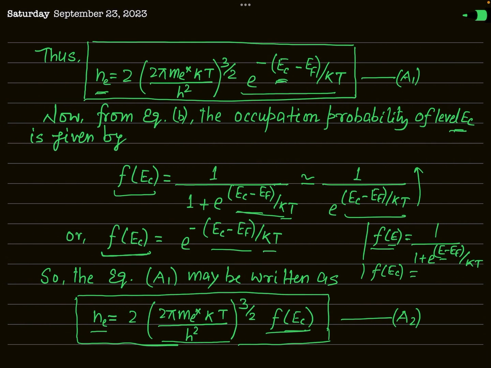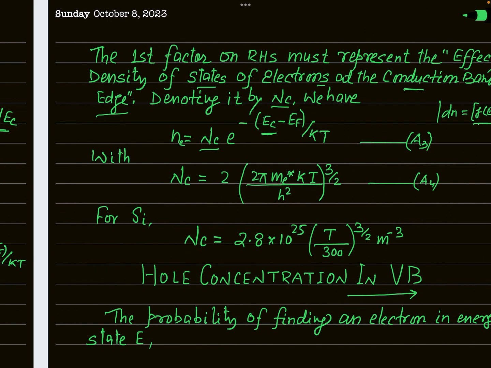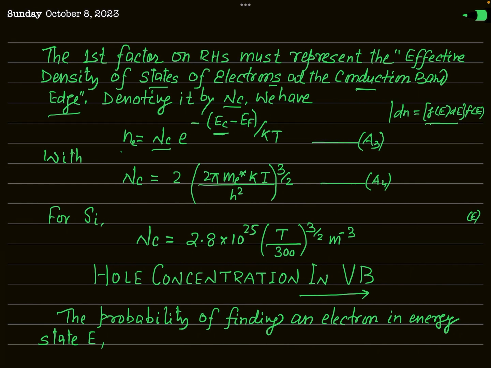So if you replace the first factor on the RHS of equation A2 by Nc, the effective density of states of electrons at the conduction band edge, then the expression for Ne becomes Nc times e to the power minus (Ec minus Ef) over kT. As I have told you, Nc is equal to this much.